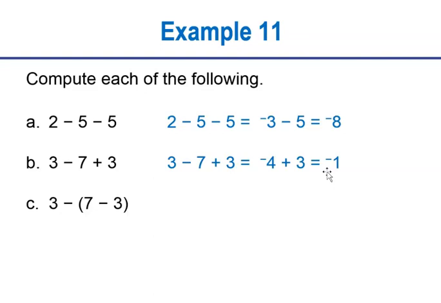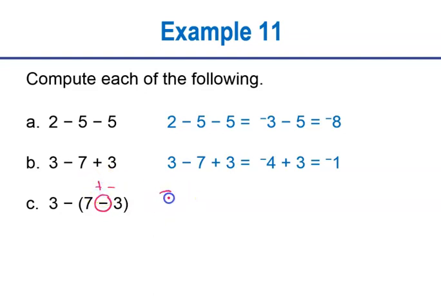And then for the very last problem, we have parentheses. So you know what that means. We have to perform the operation in the parentheses first. So I'm going to use the rule where we change that to addition, and then we change the sign of the next number.